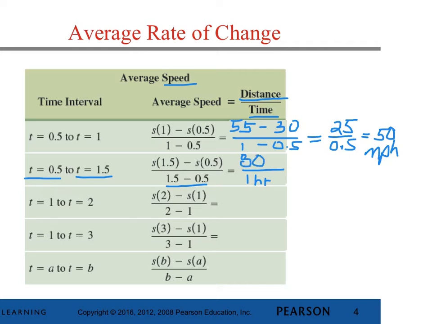We had traveled a distance of 80 miles. And at the end of the first half hour, we had gone 30 miles. Then that means that we had traveled a distance of 50 miles over the course of 1 hour, which is, of course, again, 50 miles per hour.